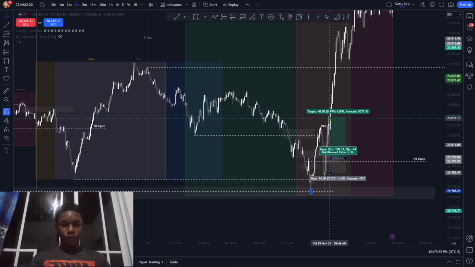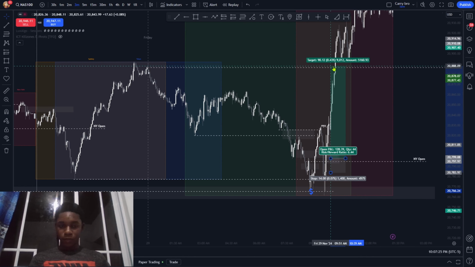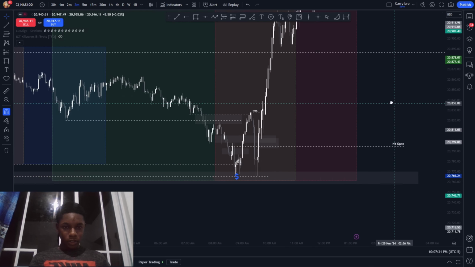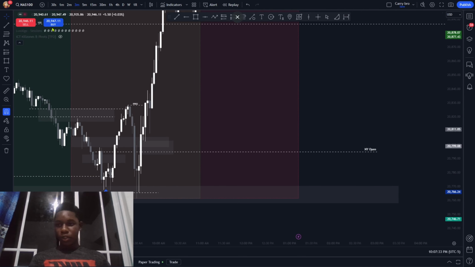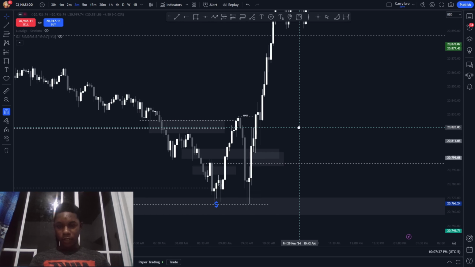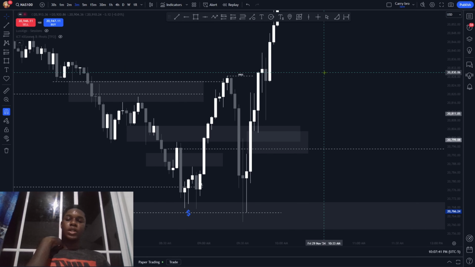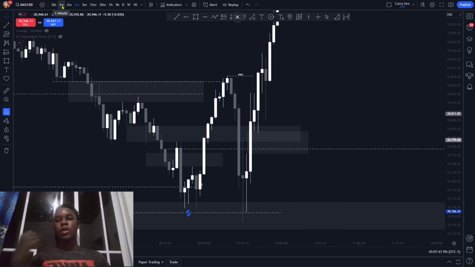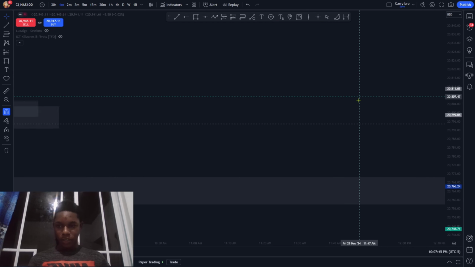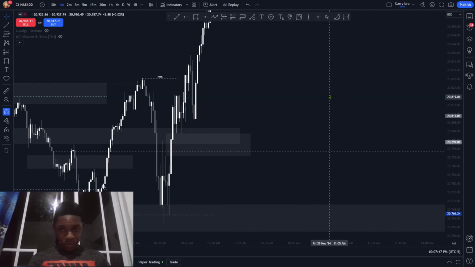So if we would have gotten tapped into this trade, this would have been our TP. Small little 1 to 6. But unfortunately, markets did what they want again. And we see no entries on the 3 minute time frame. Let's go down now to the 1 minute time frame and see what we get.